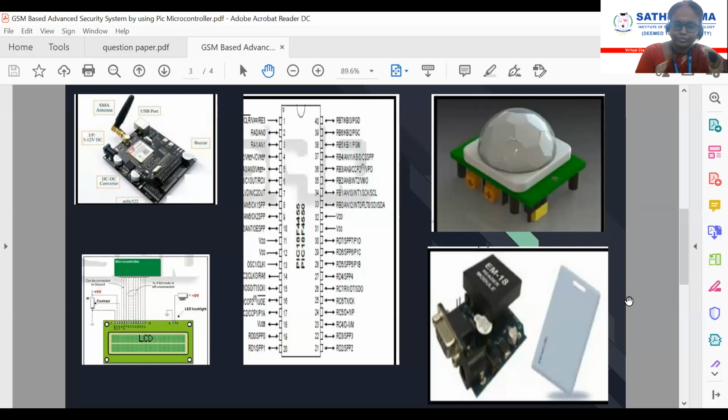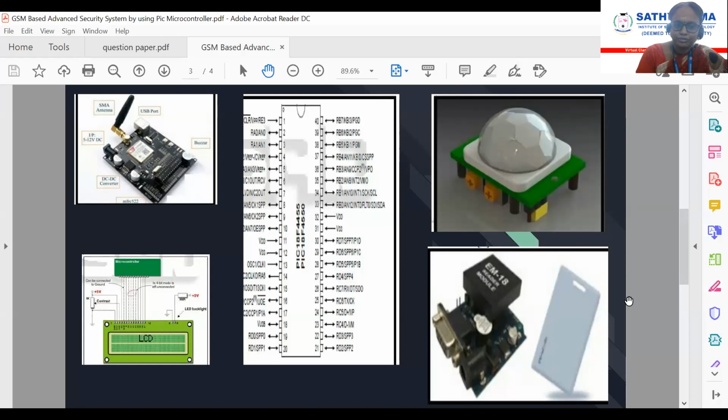An RFID reader is used to detect the RFID code of a human at the border. If the RFID reader detects the code, then further security steps will occur. If it's not detected, the system will go to the next security step, which is the GSM module.